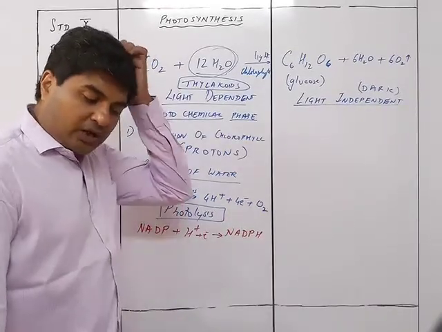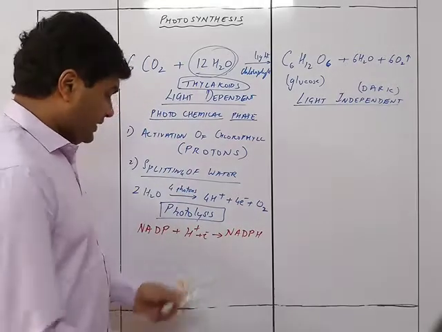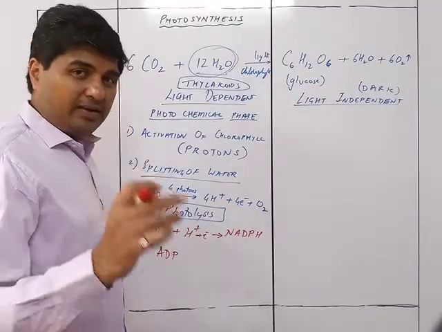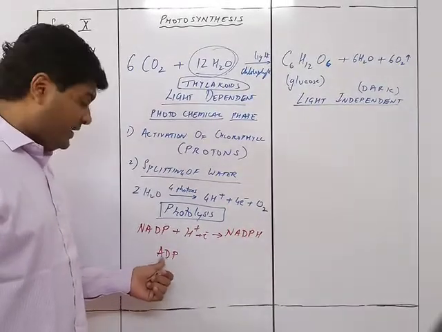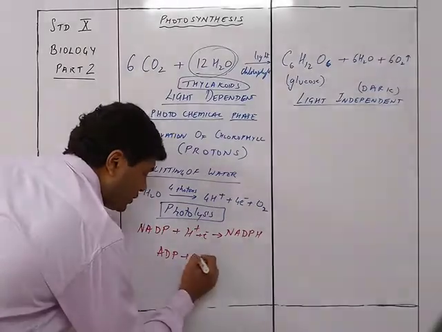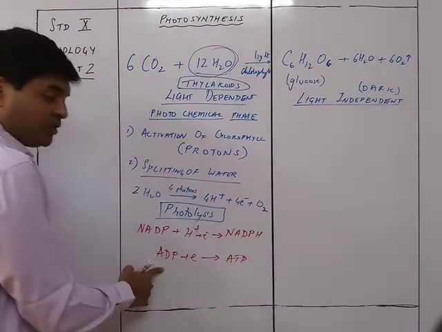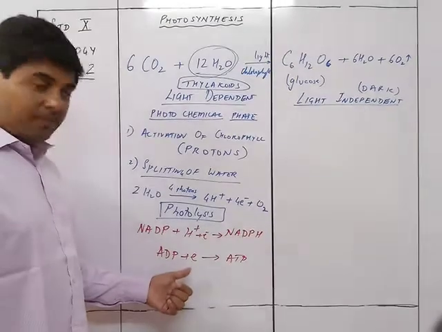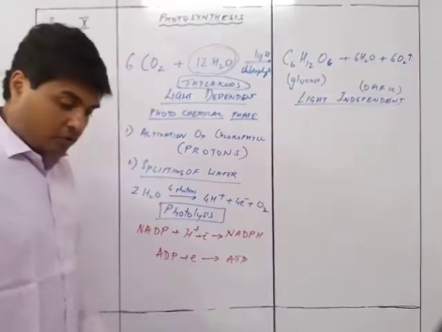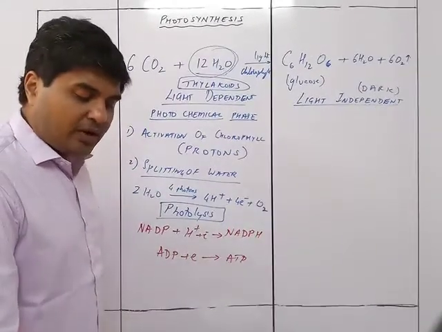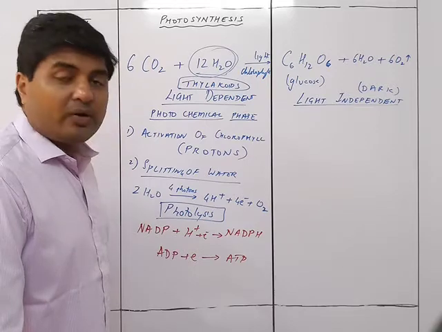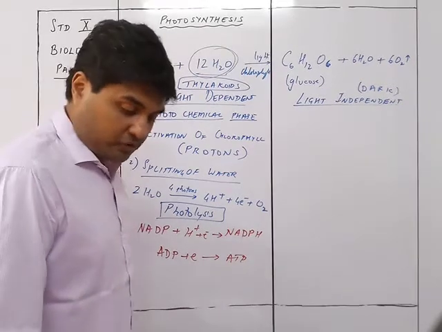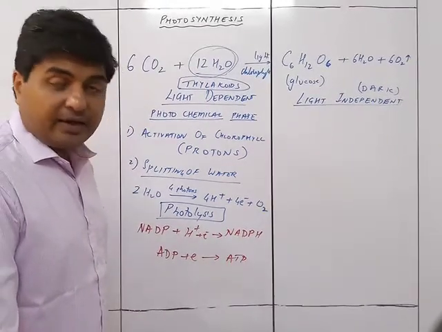The electrons are used in converting ADP. ADP is adenosine diphosphate, and with the electron and phosphate it forms ATP. The electrons are used in converting adenosine diphosphate into the energy-rich compound ATP, adenosine triphosphate, by adding one inorganic phosphate group P. So ADP plus inorganic phosphate gives you ATP.